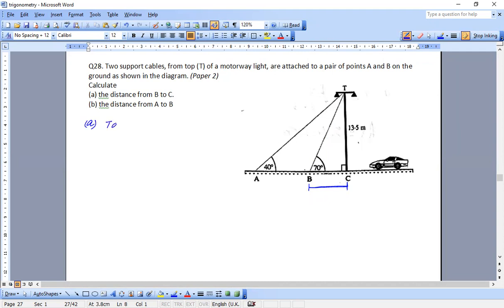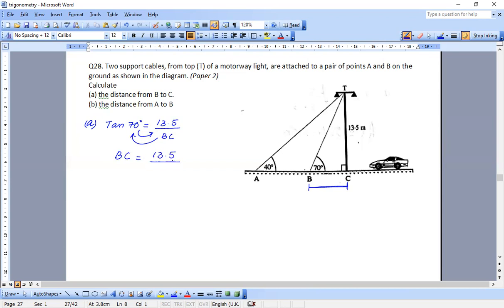I'll use tangent theta. The angle in this case is 70 degrees. Tangent 70 equals opposite, which is 13.5, over adjacent, which is BC. So I'll switch their places. BC is equal to 13.5 over the value of tangent 70.